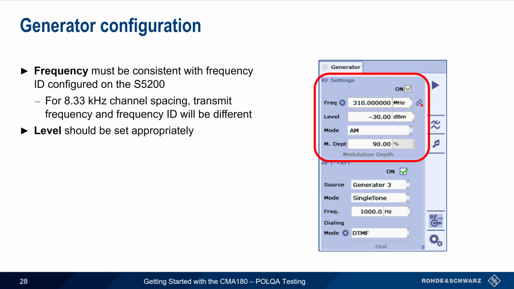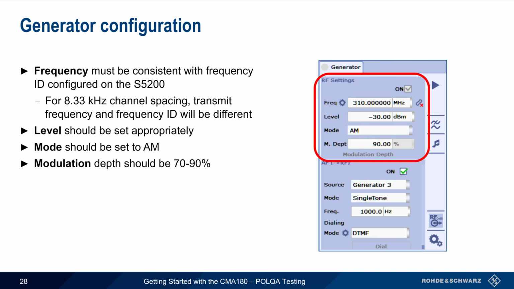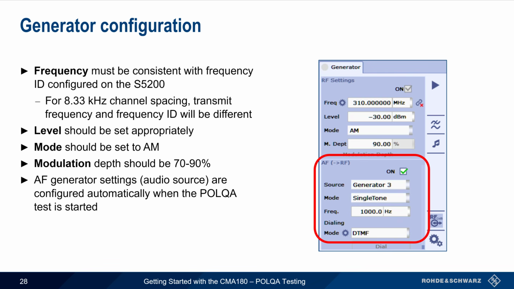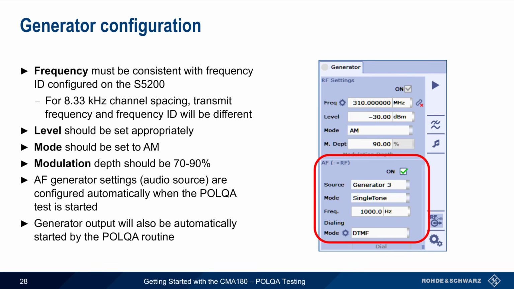Levels should be appropriately set, and for the S5200, mode must be set to AM. Modulation depth can be set as needed, but 70 to 90% is common. Note that the AF settings, that is the type of audio used to modulate our AM carrier, will be automatically configured when the POLQA routine is started. The generator output will also be automatically enabled by the POLQA routine.